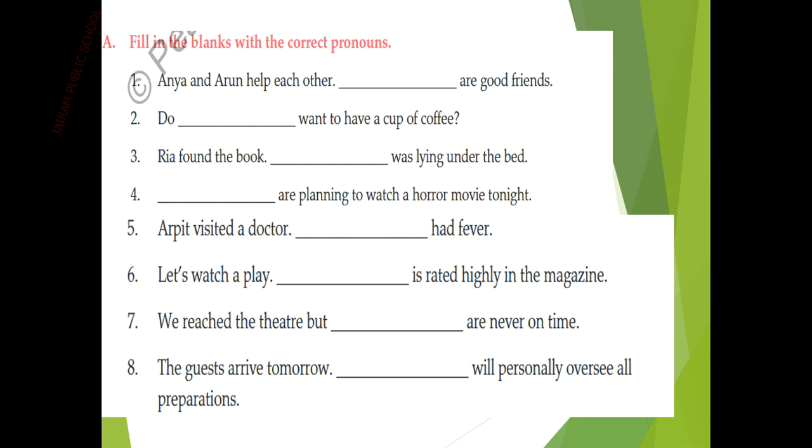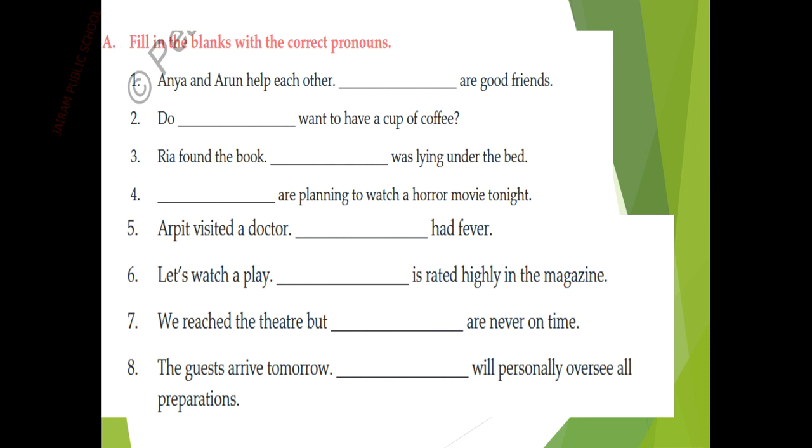In the second sentence, who are good friends? Of course, both of them. So instead of Anya and Arun, you should use the plural pronoun, because Anya and Arun are both of them, more than one person. So here you should use they are good friends.